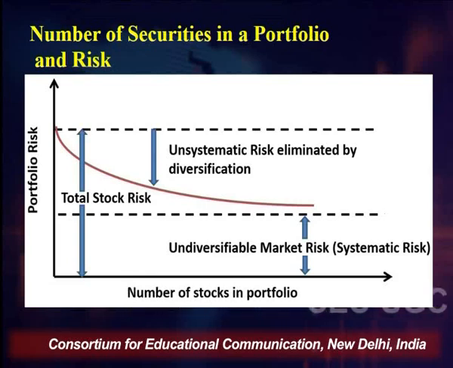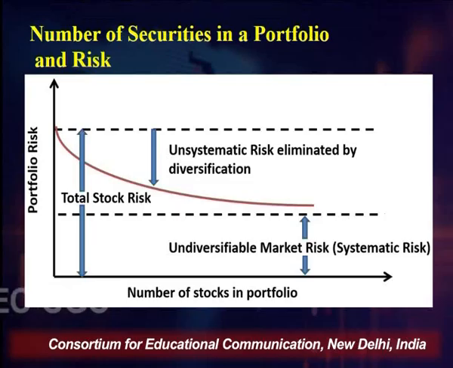What you are noticing here is that systematic risk is the same, it doesn't change with a change in the number of stocks in your portfolio, whether you hold one share, 2 shares or 20 shares. As far as systematic risk is concerned, it will remain the same because it is undiversifiable in nature.